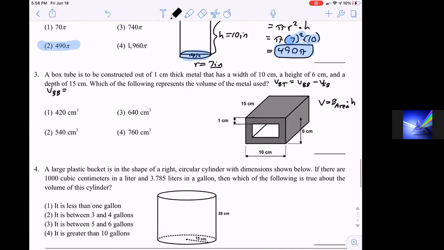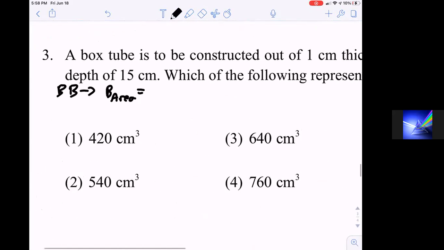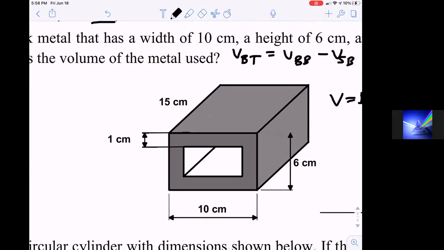So let's find the base area. Okay, so this is for the big box. The base area of the big box is going to be 10 times 15.